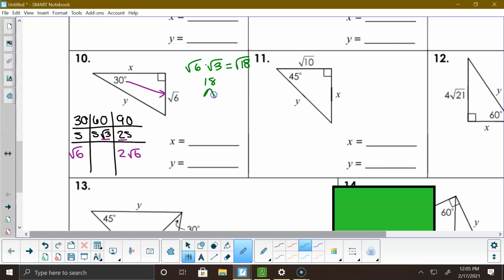All right, so I can pull a 9 out. Stuck with a 2, so that is 3 root 2. So y in this case is going to be 2 root 6. X is going to be 3 root 2. So far so good. Right.